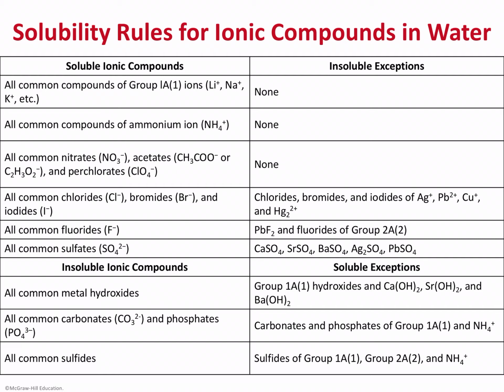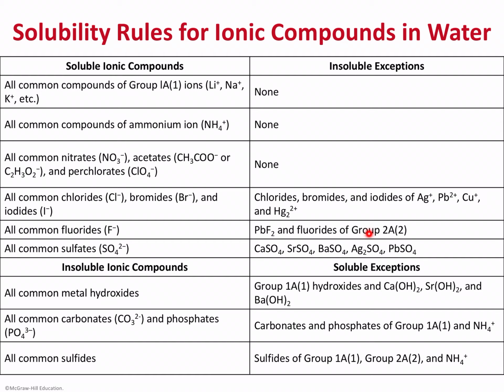And then the other product, strontium fluoride. All common fluorides are soluble ionic compounds, and then there are some exceptions: lead fluoride and fluorides of group 2A. Now strontium is in group 2. All fluorides are soluble except lead fluoride and fluorides of group 2A. If you refer to your periodic table, strontium belongs to group 2A.